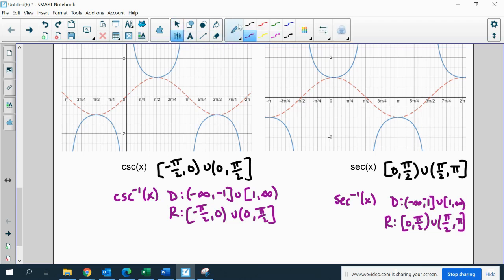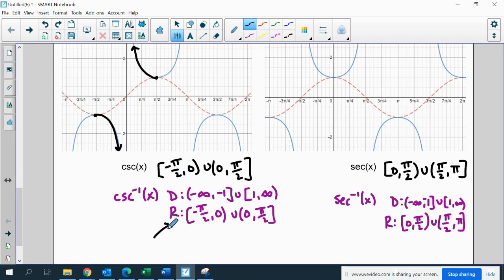Likewise for cosecant and secant, we have basically the same rules that we had for sine and cosine. If we take cosecant, which is the sine graph's reciprocal, and we want to take the inverse of the function cosecant, we see that the domain for cosecant is negative pi over 2 to 0 and 0 to pi over 2.